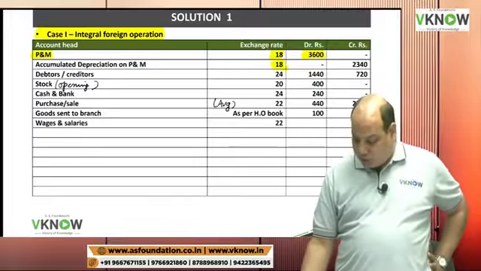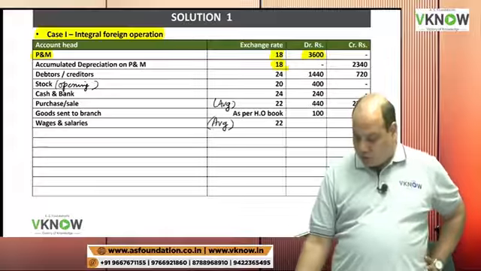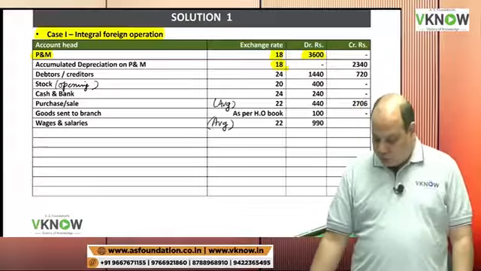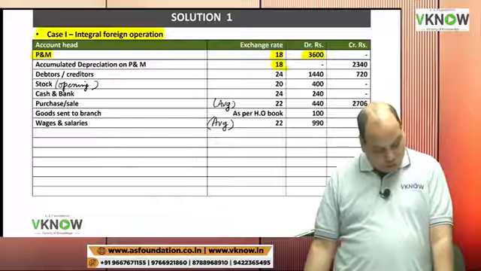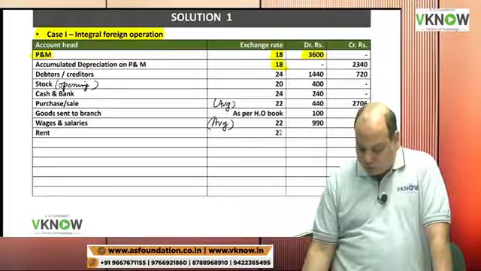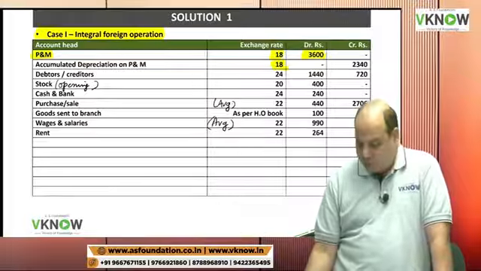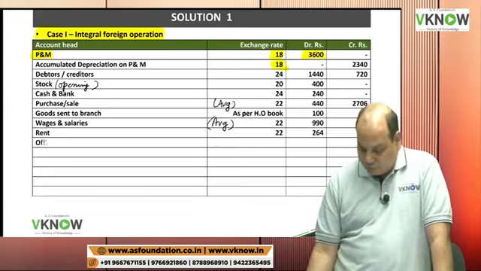Wages and salary will take the average rate. Income or expense item, average rate 22 into this is 45, 990. Rent, average rate 22 into 12, 264.